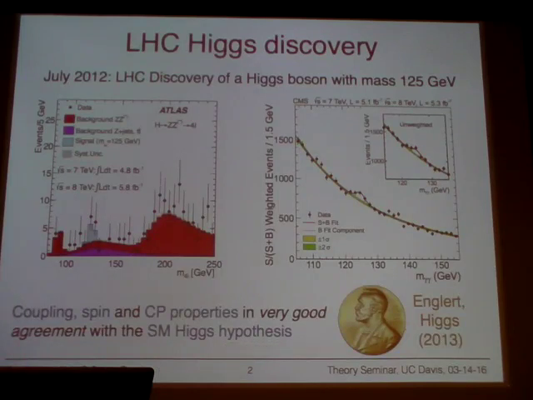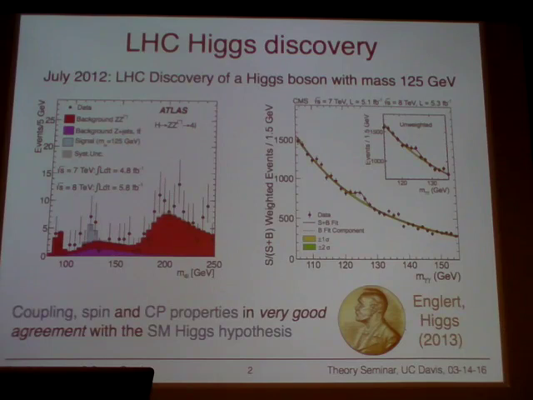Of course, this is a Higgs talk, so I should start with the Higgs discovery. As you probably all know, the LHC found this scalar boson with a mass of 125 GeV, which nicely showed up in two channels: where the Higgs decays to Z bosons into 4 leptons, and we observe this as a resonance in the invariant mass spectrum, and the same also in the diphoton channel.